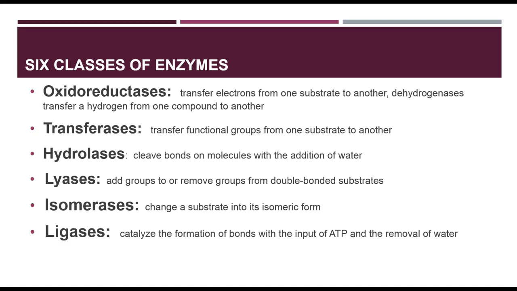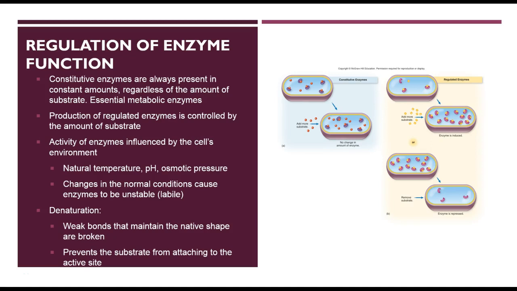These enzymes catalyze the formation of bonds with the input of ATP and the removal of water. So enzymes are necessary for many reactions within the cell, but enzyme action needs to be regulated, and there are a number of ways that this action is regulated within cells.